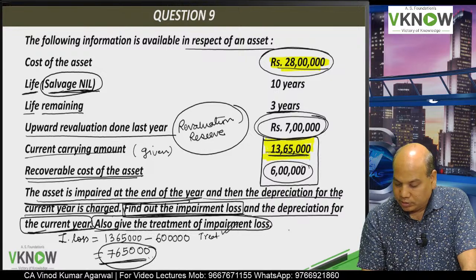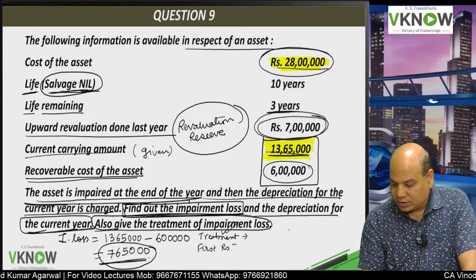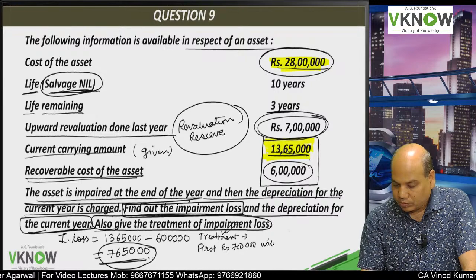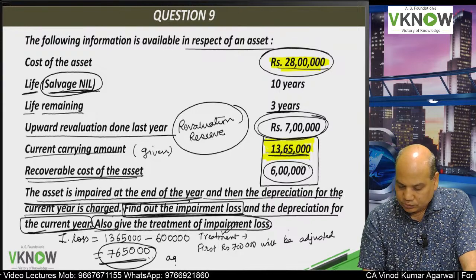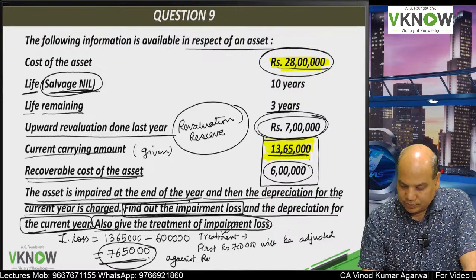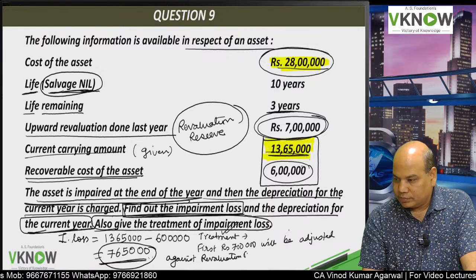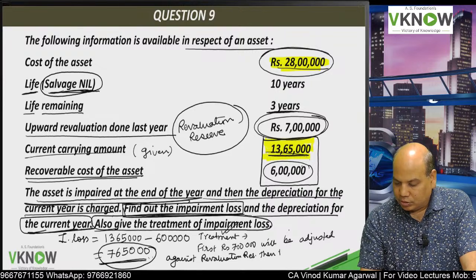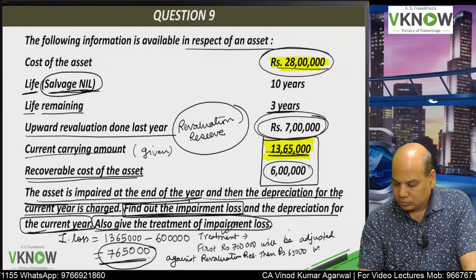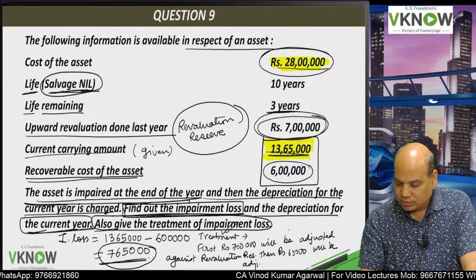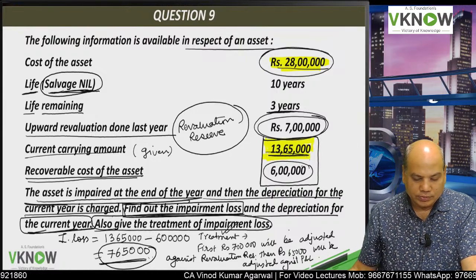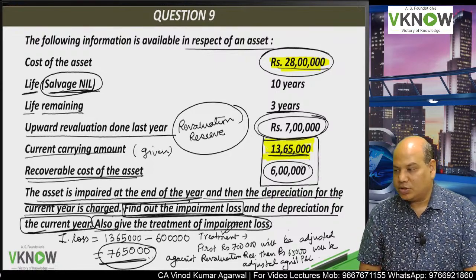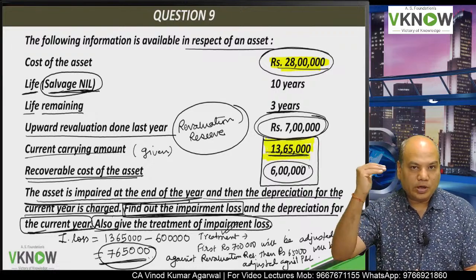So the treatment will be, first rupees 7 lakh will be adjusted against revaluation reserve, and then rupees 65,000 will be adjusted against profit and loss account, because earlier you have revalued the asset upward.